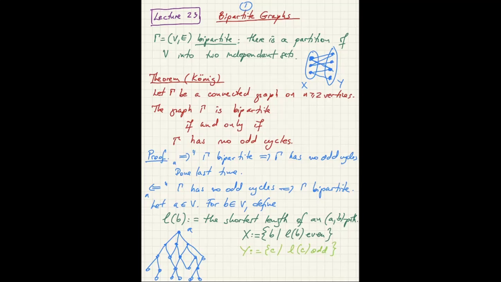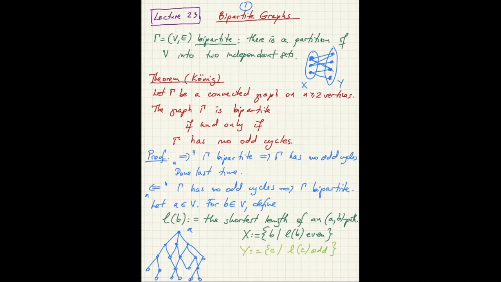We did the direct implication, that gamma bipartite implies no odd cycle, using the argument I just described: the only closed walks in the graph must have even length, and therefore the only cycles must be even, so you have no odd cycles.